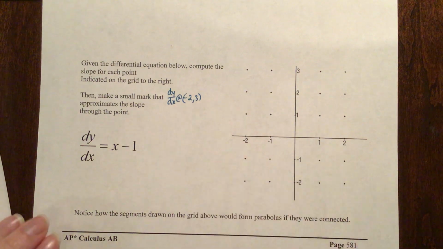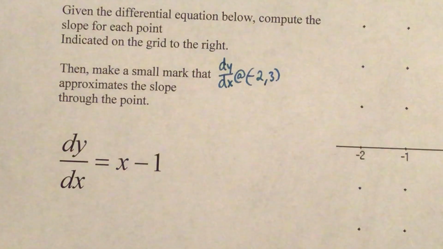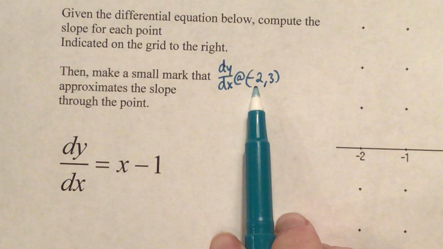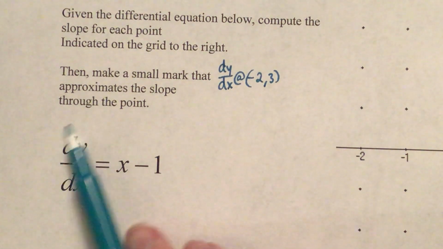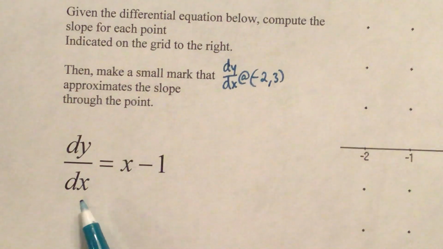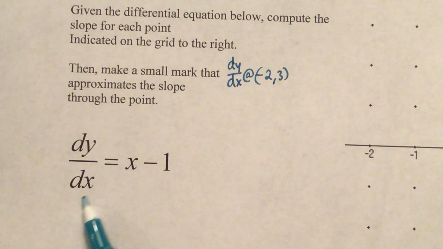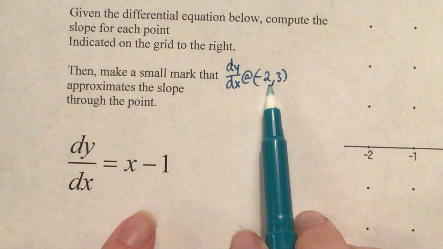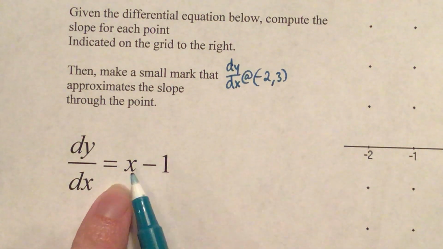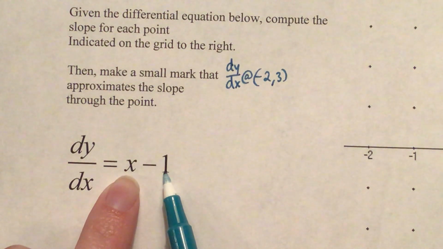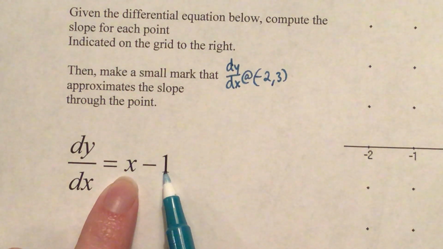So everywhere that we see an x, you put a -2. Everywhere that you see a y, you put a 3. This does not count. Dy dx is like f prime of x. This is what you're solving for. So as we plug in -2 here for x, and there's no place to plug in your 3 for y, we get -2 minus 1, which is -3.